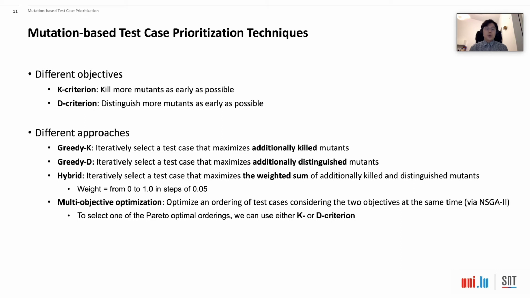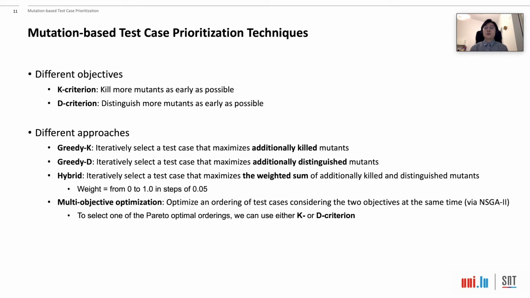We can consider different approaches, like the greedy approach, which is the well-known prioritization approach that iteratively selects a test case that maximizes additional killed mutants or additional distinguished mutants, depending on the criterion or objective we are considering.